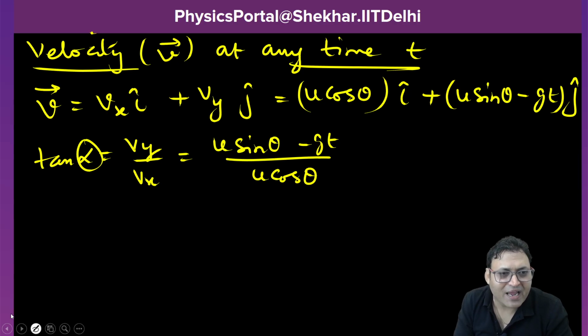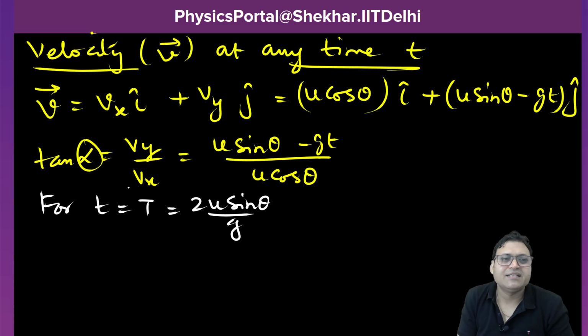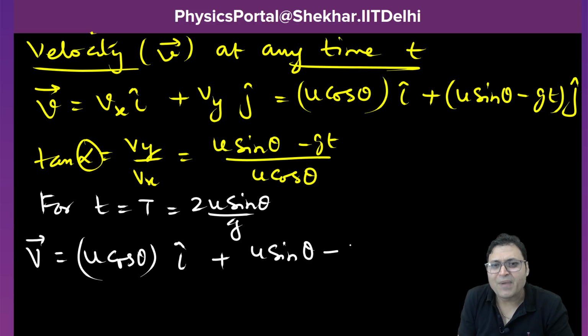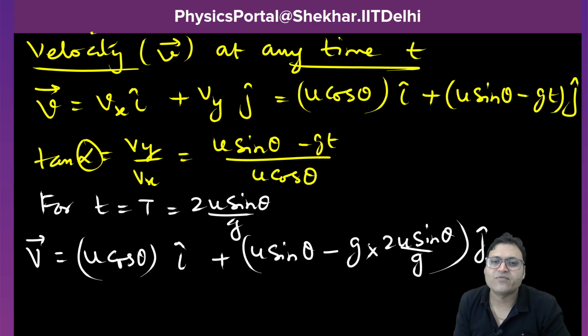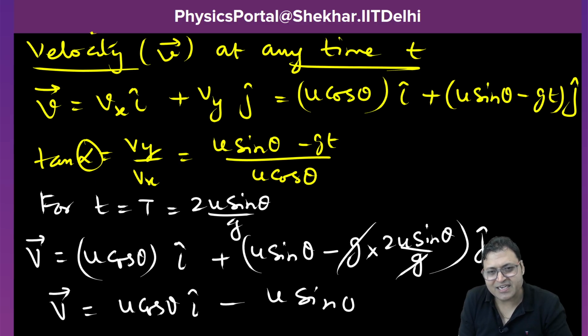Now for the time of flight, when t becomes capital T, that is 2u sin theta by g, what will be the velocity? We can say v is equal to u cos theta i cap, it will remain the same, plus u sin theta minus g into 2u sin theta by g in j cap. So g will get cancelled out with g. So v is equal to u cos theta i cap minus u sin theta j cap.